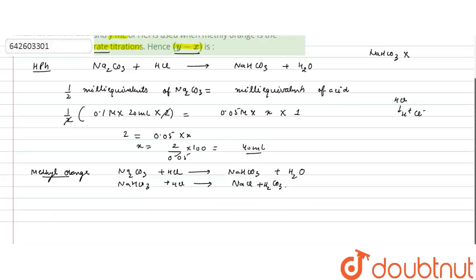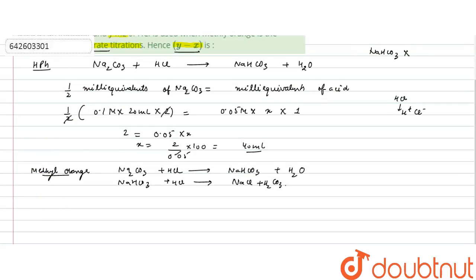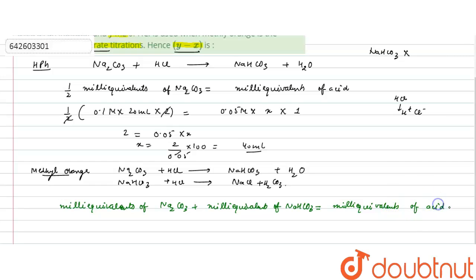It means the milli equivalents of Na2CO3 plus milli equivalents of NaHCO3 will be equal to milli equivalents of acid HCl used. So the milli equivalents of Na2CO3 will be equal to its concentration, that is 0.1, into its volume, that is 20, and its N factor, that is 2, plus the milli equivalents of NaHCO3, its concentration is the same 0.1, volume is 20 ml, and its N factor will be 1, as it gives Na positive and HCO3 negative ion.